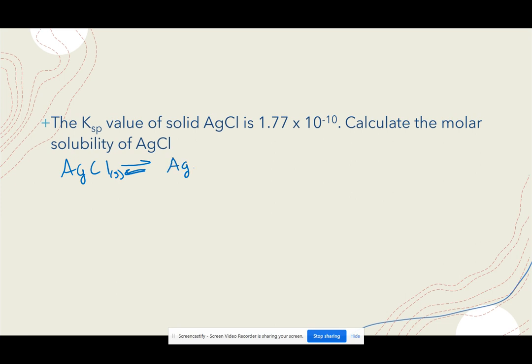So that's going to dissolve into aqueous silver ions and aqueous chloride ions. We can write our equilibrium expression. So Ksp is the concentration of silver times the concentration of chloride.